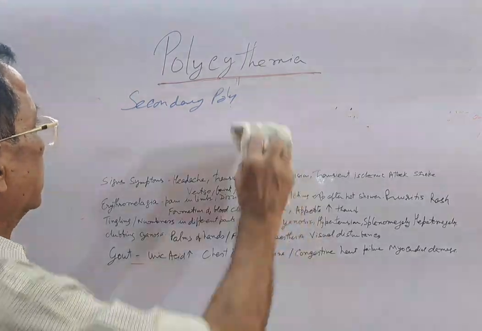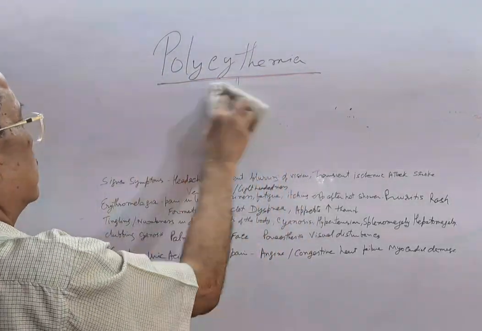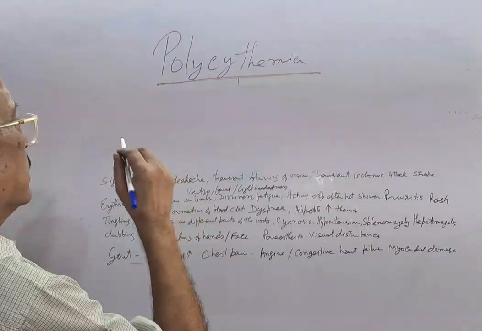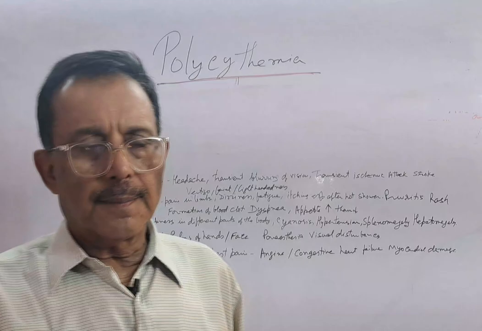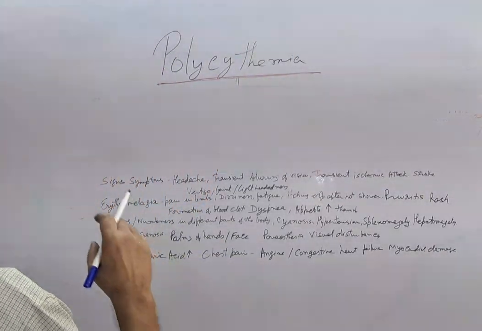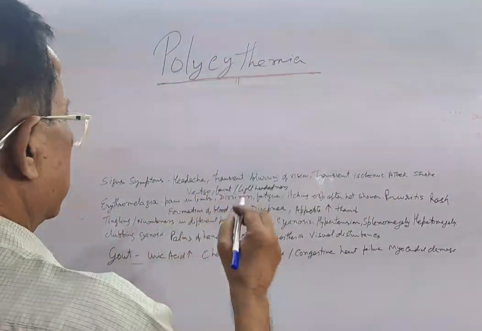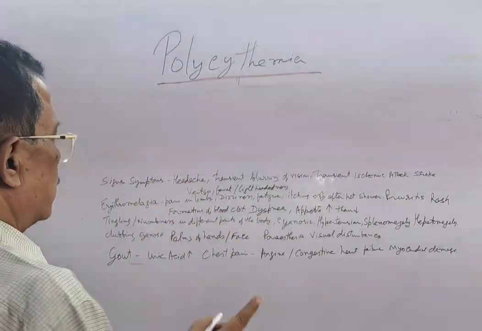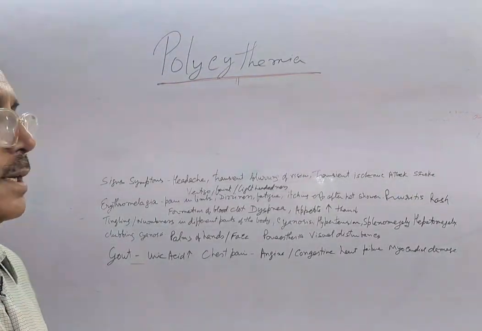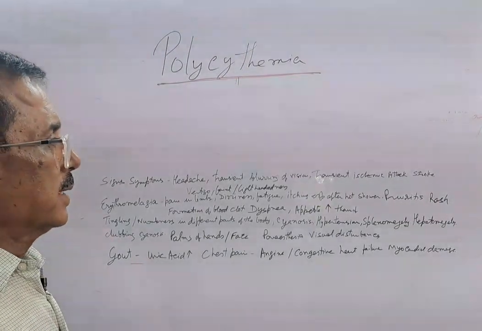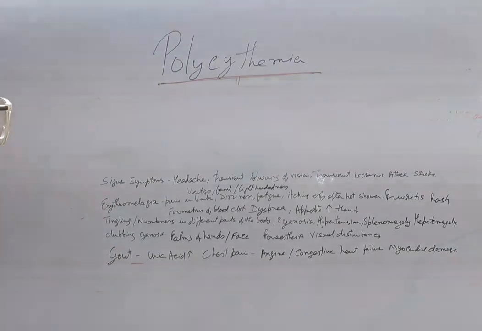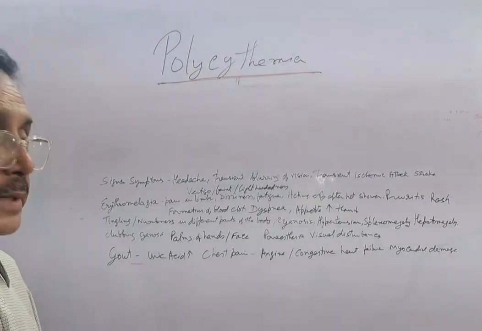Now, signs and symptoms. This is seen whether it is familial or congenital, clubbing, etc. are seen. Signs and symptoms include headache, transient blurring of vision, there may be sudden loss of vision, transient ischemic attack, stroke, vertigo, faint, lightheadedness, syncope.